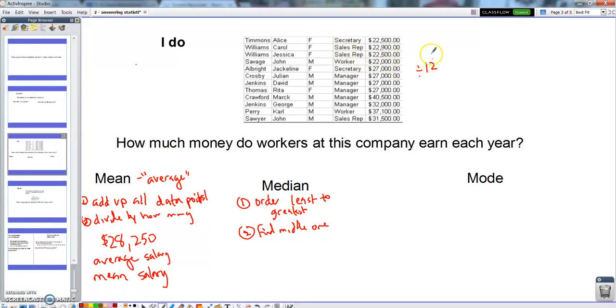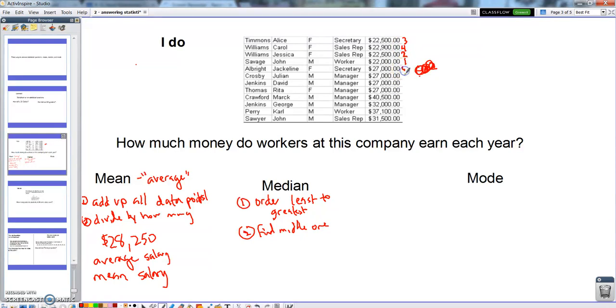Normally I would make a list of these from least to greatest, but I might just number them. It looks like the lowest salary is this 22,000. 22,500 is number 2 and number 3. This is number 4.